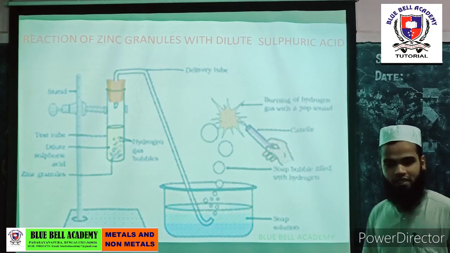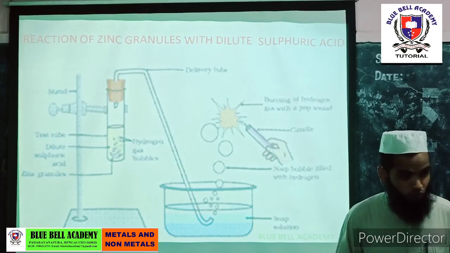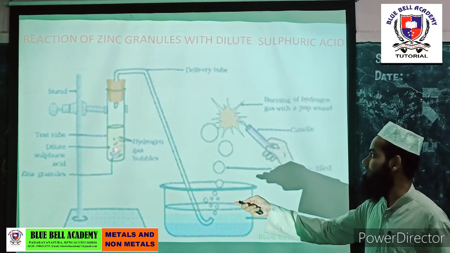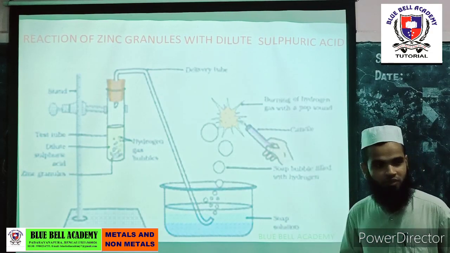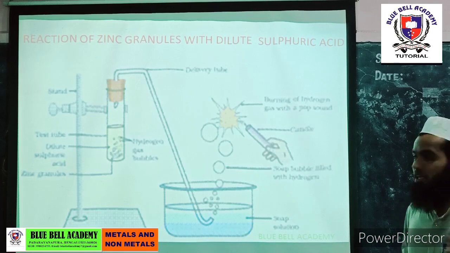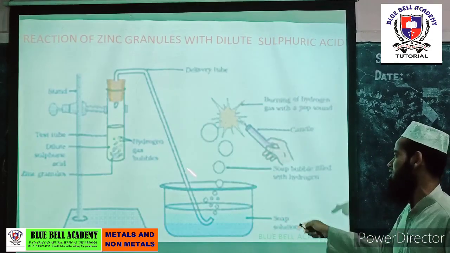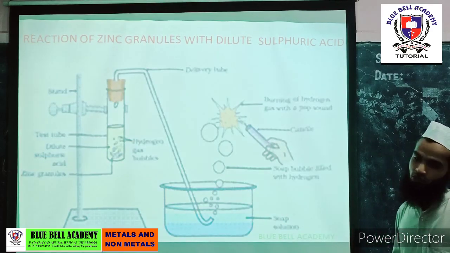Diagrammatically, there is one explanation in your textbook too. You can see we have taken some zinc granules in this test tube and added dilute sulfuric acid. As you know, if metals react with dilute acid, they liberate hydrogen gas. That hydrogen gas we are passing to a trough containing a soap solution.